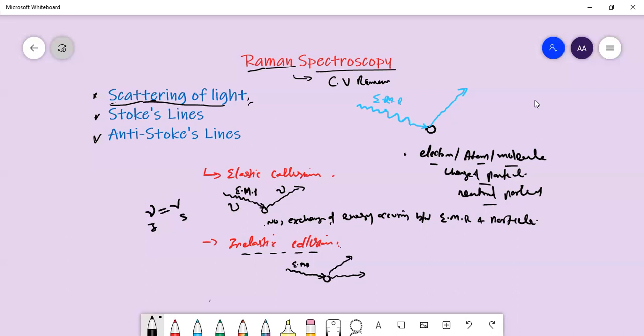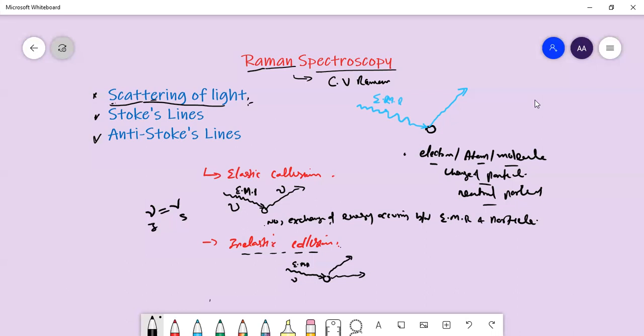So two kinds of phenomena can occur here. If mu is the frequency of this electromagnetic radiation, we can express the radiation in terms of frequency, wave number, or energy. Any unit we can take here.